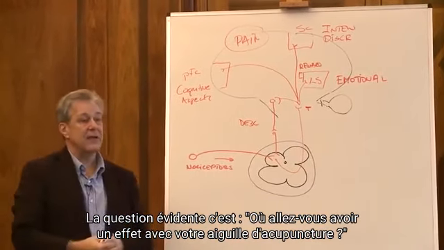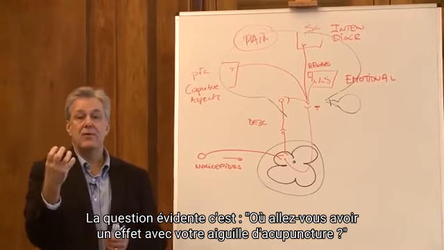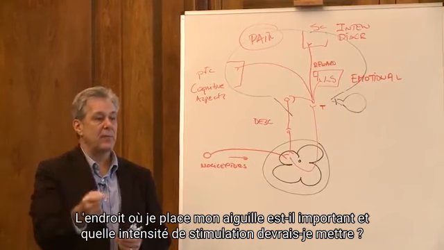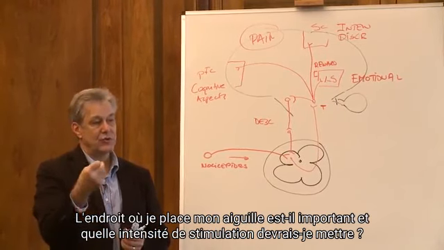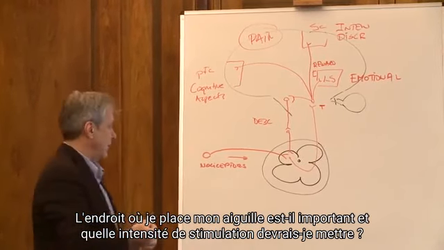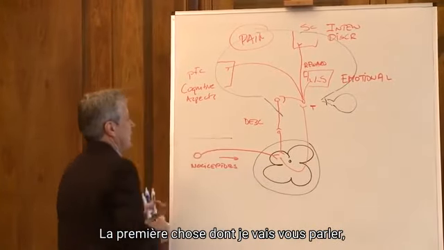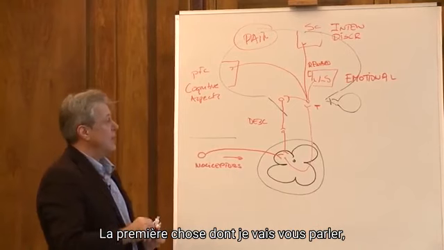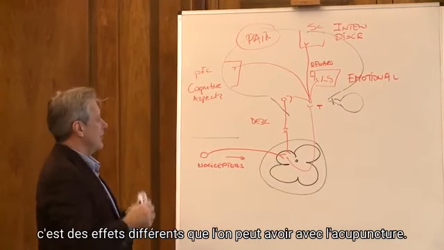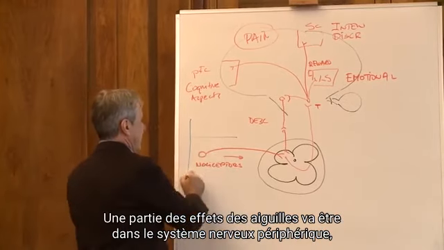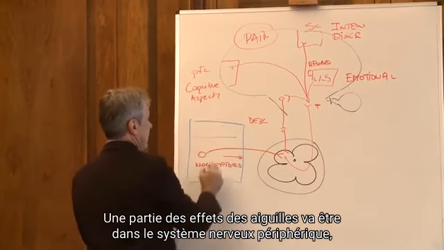The obvious question then is, where may you have an effect with your acupuncture needle? In other words, is it important where I place the needle and how much stimulation should I give? What I'm going to address now are the different effects that we may have with our acupuncture. Part of the effects of acupuncture are going to be in the periphery.